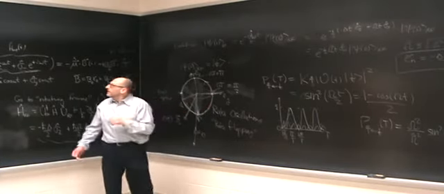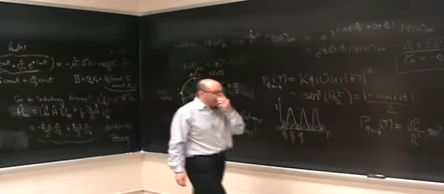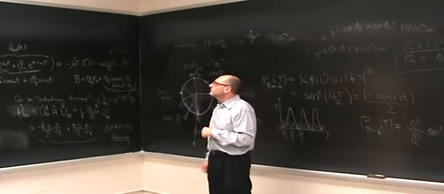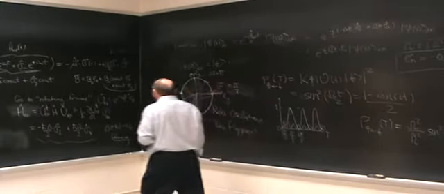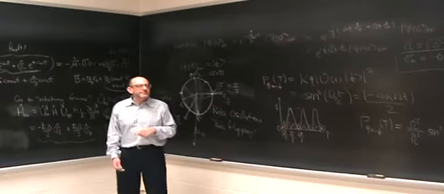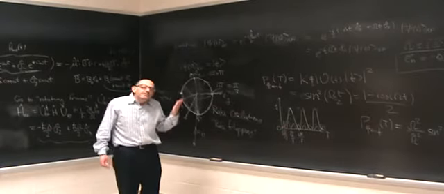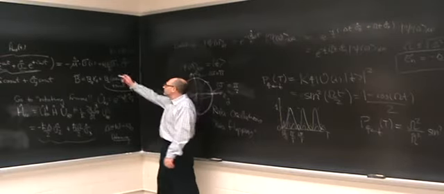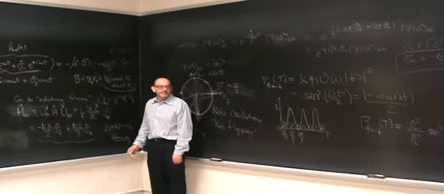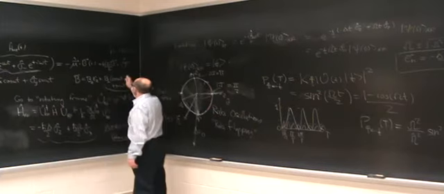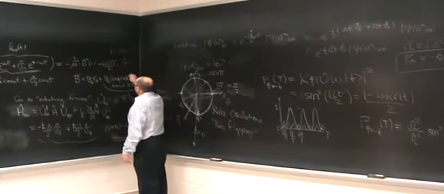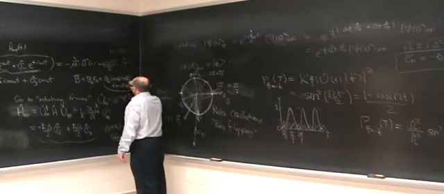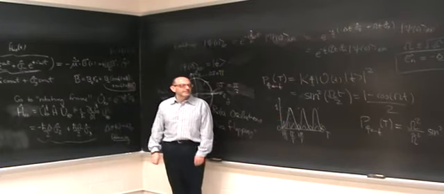Another thing to say about this is that we rotated around the x-axis. That was just a choice. In principle, I could have rotated around any axis by, for example, putting on a phase.